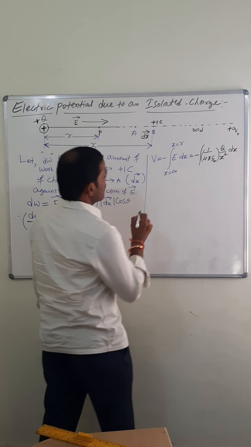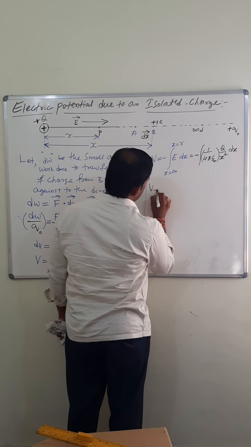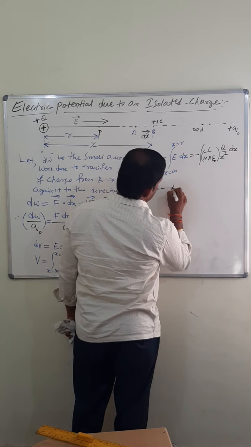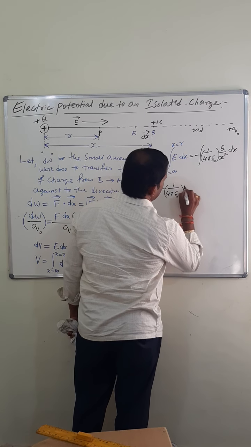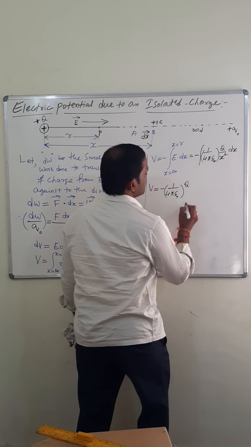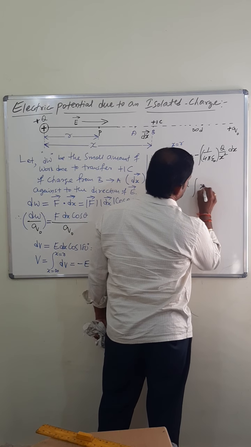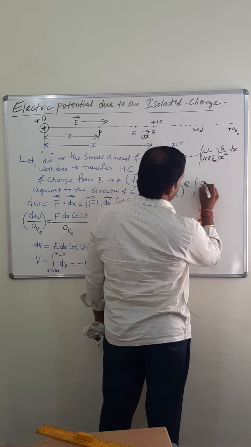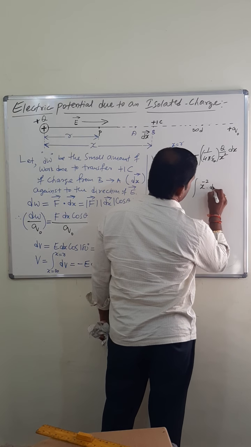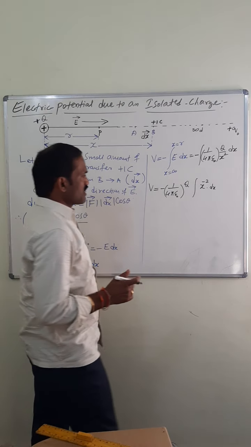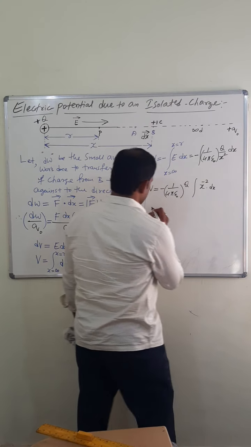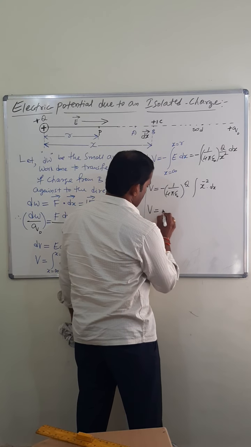Therefore, V is equal to minus 1 by 4 pi epsilon naught, and q also taken outside. The integration of 1 by x square is x to the power of minus 2 dx. We have a formula for integration of x to the power of n, which I will repeat later.